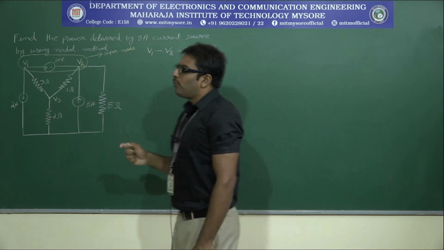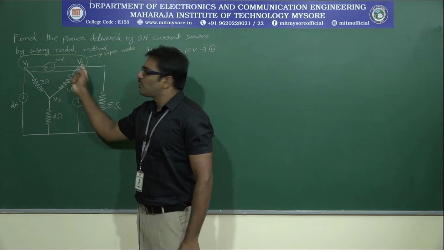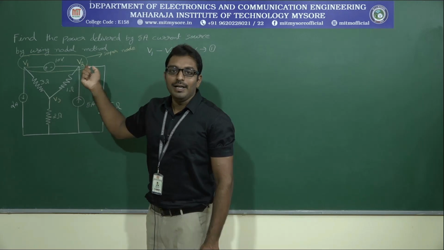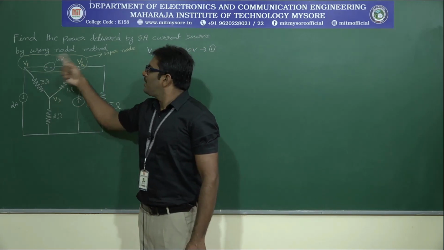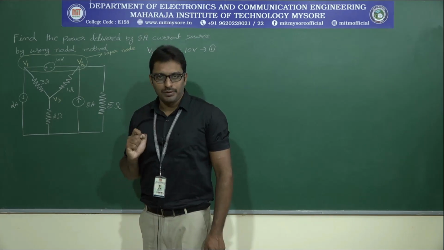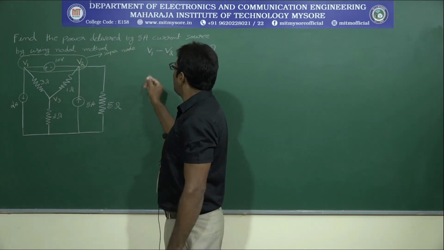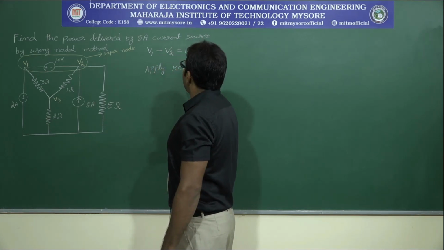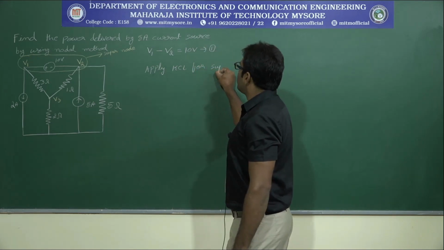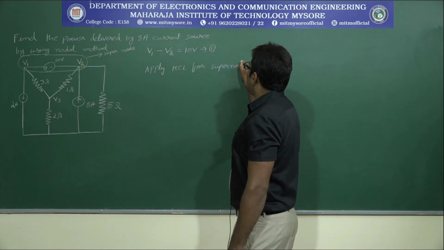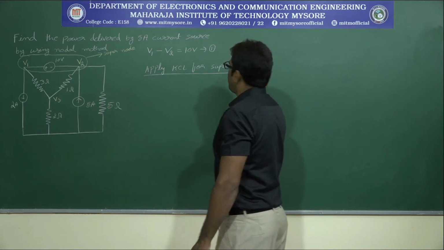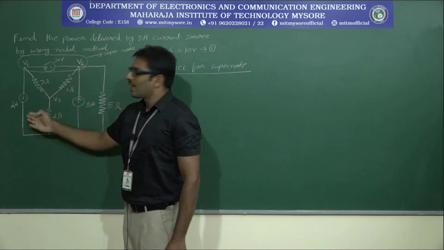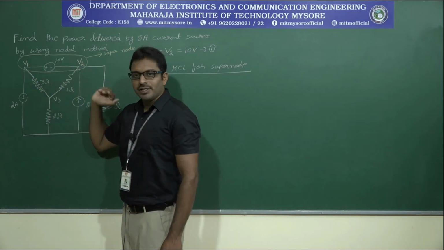Next step, what is a supernode? By combining these two nodes, V1 and V2, which are directly connected by an independent voltage source, we get a supernode. Therefore, apply KCL for the supernode. V1 consists of three branches: this current source, the 3 ohm resistor and this voltage source.